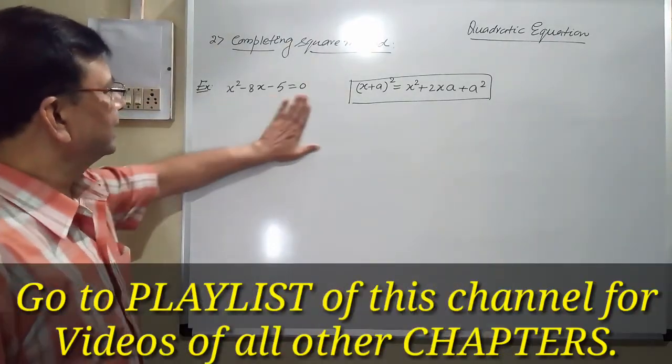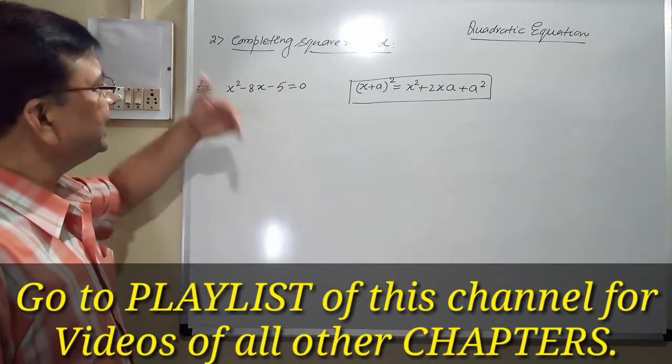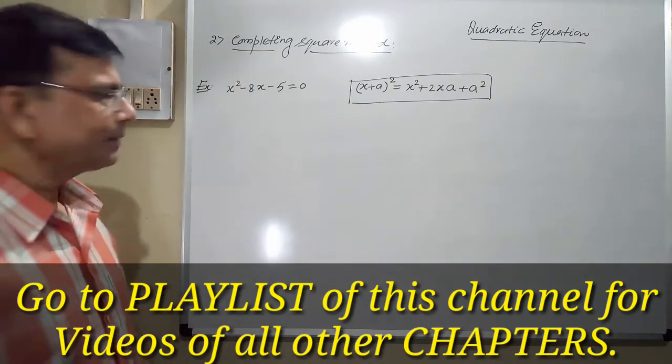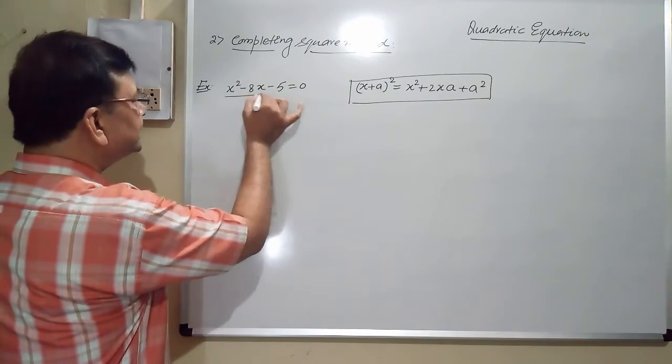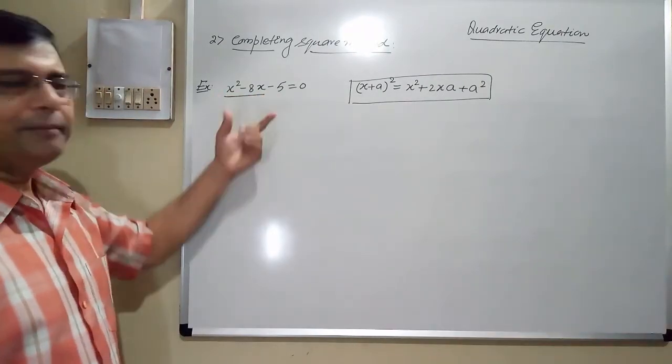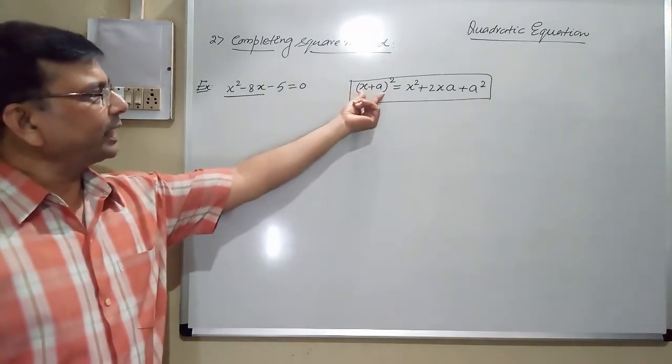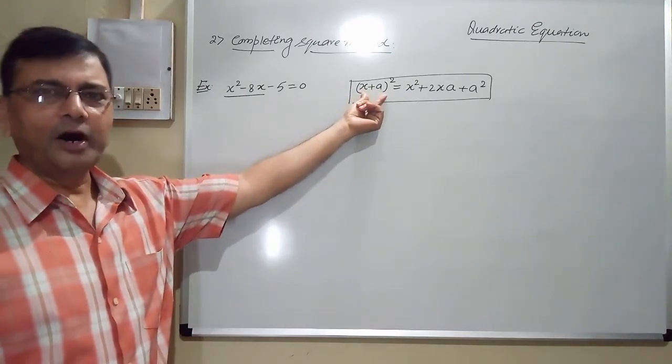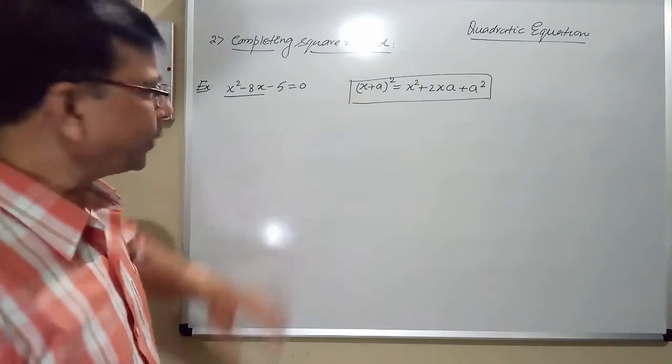See, in this example, we have to solve by the completing square method. Means we will look at these two terms, which are to be made a perfect square of this form. How is it being done? That we will look at.